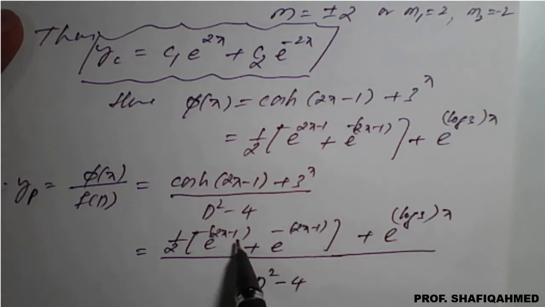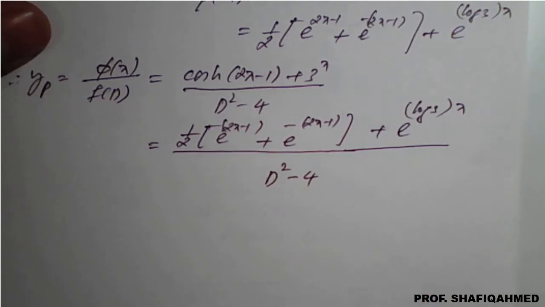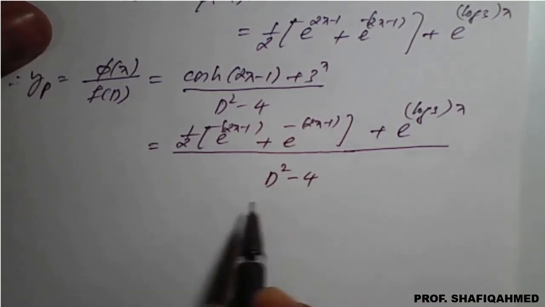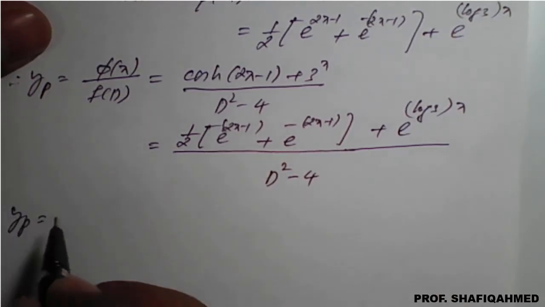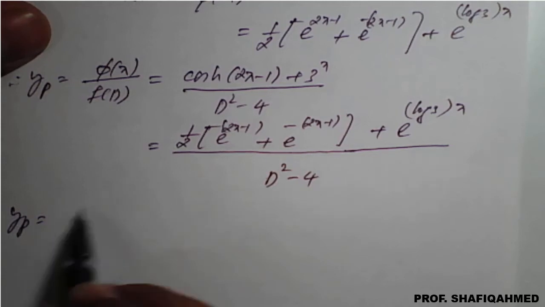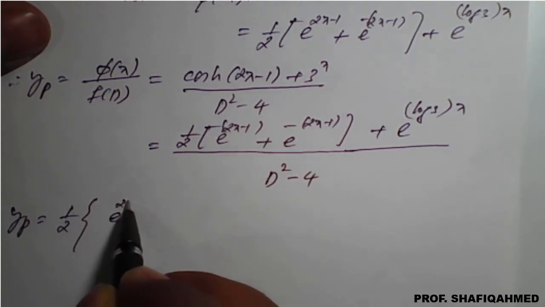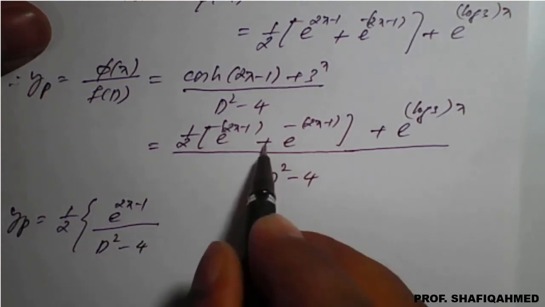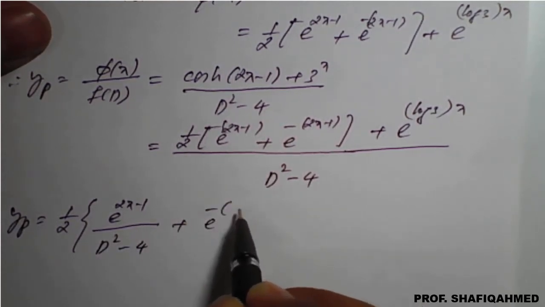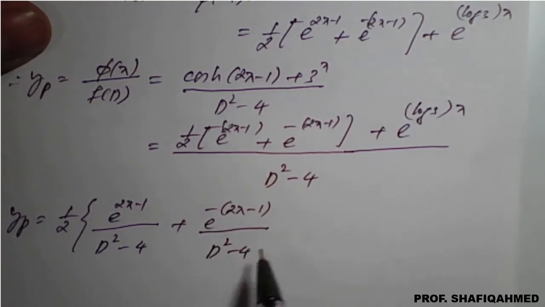So I will consider these as terms, which you can go for directly, or else you can simplify like that. I will separate it completely. Therefore yp is equal to 1 by 2 times bracket e raised to 2x minus 1 divided by d square minus 4, plus e raised to minus (2x minus 1) divided by d square minus 4.